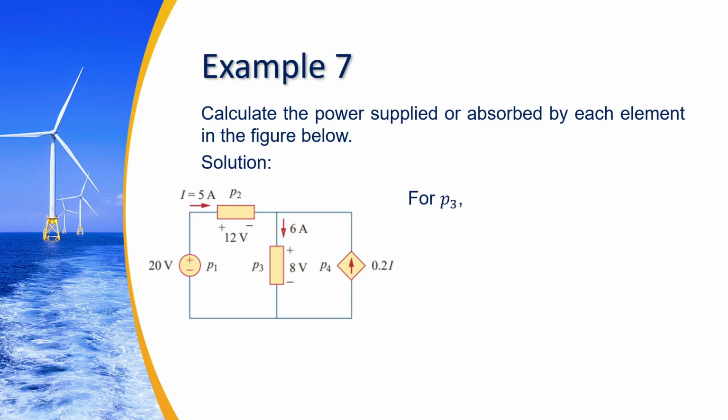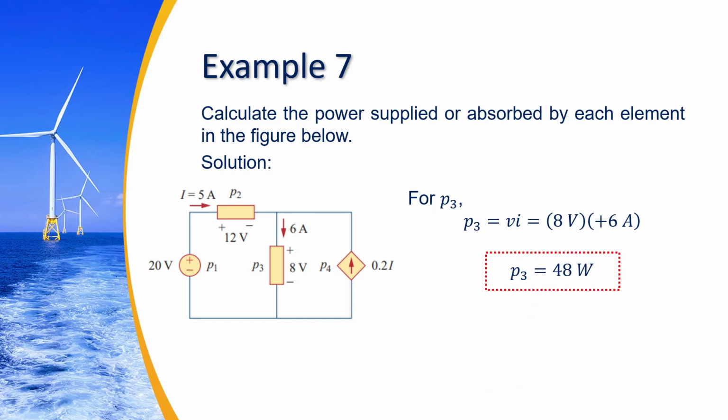Since yung arrowhead is papunta sa kanya, absorb yun. Therefore, since umabsorb siya ng power, positive sa kanya yun. Kaya ang sign natin sa kanya is positive. Kaya kapag kinompute natin yung magnitude ng power ni P3 ay 48 watts. And then, tinatawag siyang absorbed power. Okay? Kasi siya yung umabsorb.